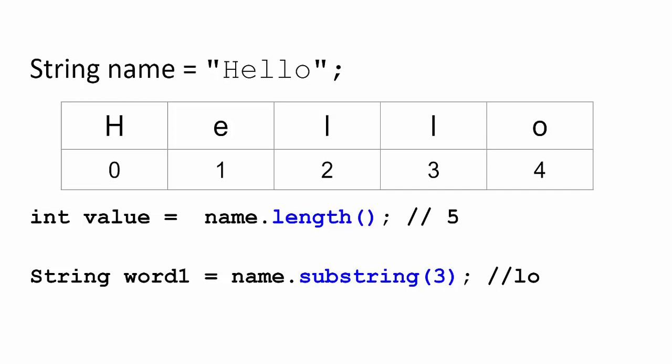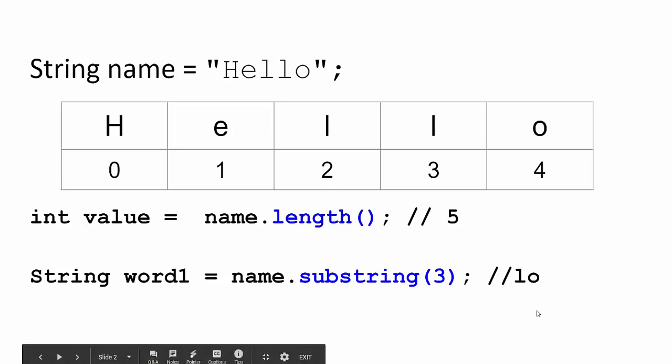Again, we're back to hello, and the length of the string is 5. If we want the last 2 characters, we start our index at 3, and you don't have to put a second index, because by definition this goes from 3 to the end of the string. So the length is 5 and the starting index is 3.